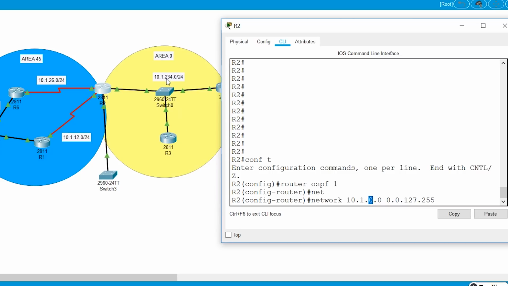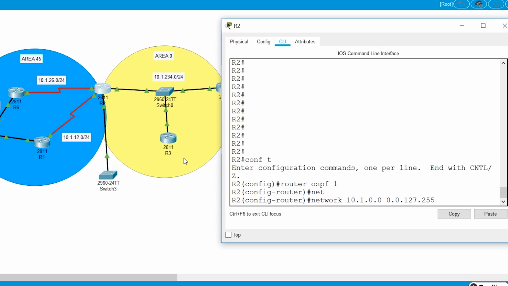Now, if the IP address is 234, if you know binary math, 234 in the 3rd octet, the first bit will be 1. So that will not match for this interface. This command will only match for these two serial interfaces, and of course, because this one is in the IP address 10.1.20.0, this one will also come into this area.